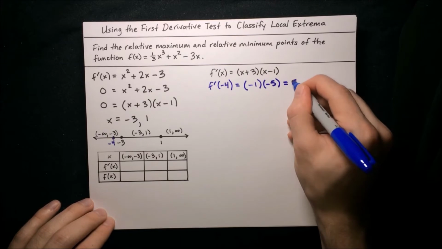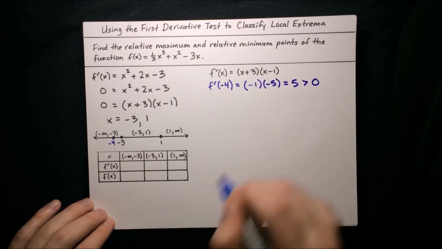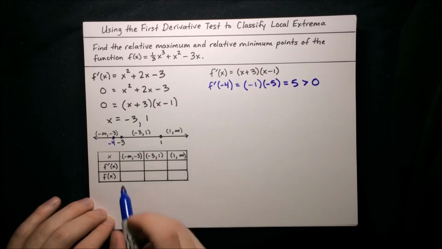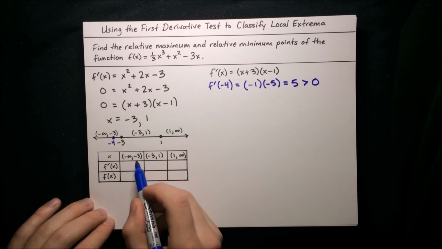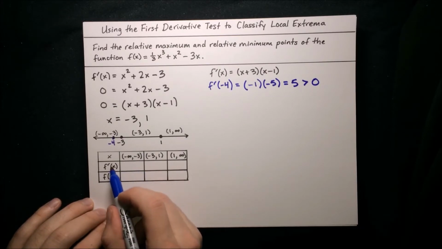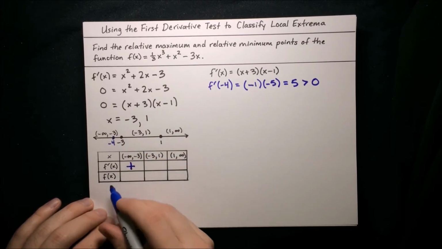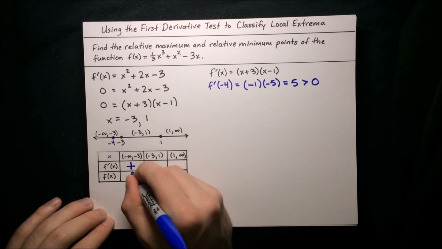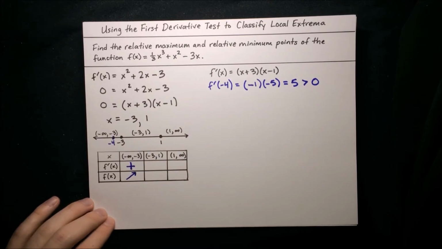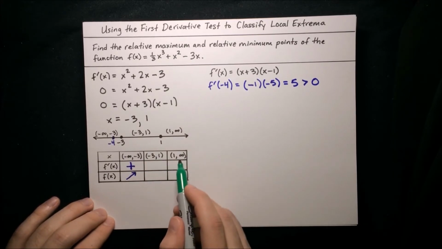This is equal to 5, which is obviously greater than 0. So that means, on this entire interval from -infinity to -3, the derivative f prime of x is positive. And that means the function f then is increasing. It's going upwards.